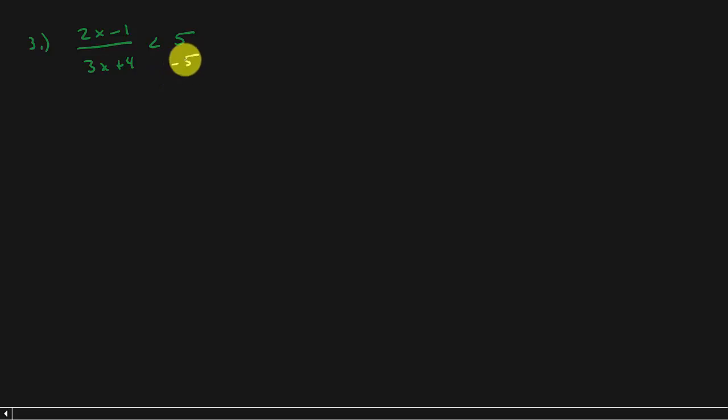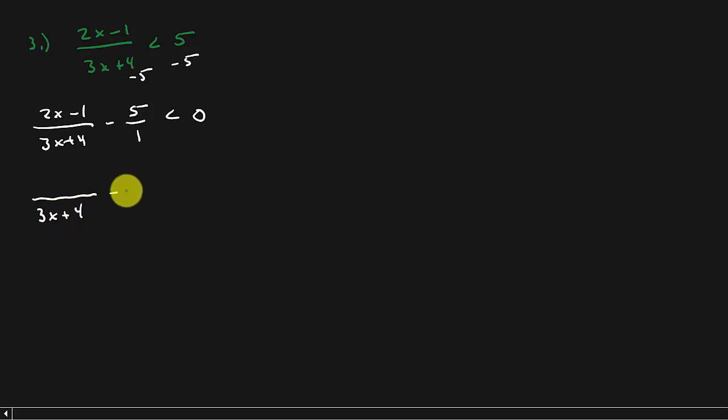So subtract 5. So I've got 2x minus 1 over 3x plus 4 minus 5 is less than 0. And we can look at this as being over 1. Okay? So I need to get a common denominator, which is 3x plus 4. So this is going to be 2x minus 1, because what do you multiply this denominator by to get this denominator? You multiply by 1.